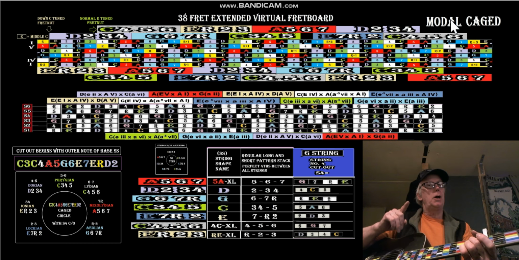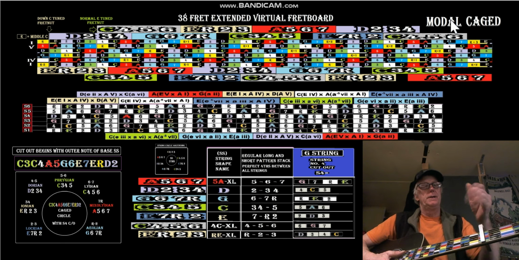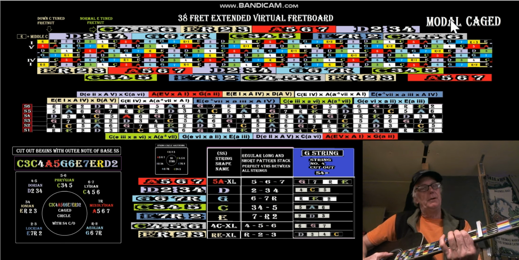But we're going to do the long pattern now because in the key of A, we can't get the 3 sharps. So what are we going to do? We're going to go long pattern. 5, 6, 7, root, 2, 3, 4, 5, 6. What's that?